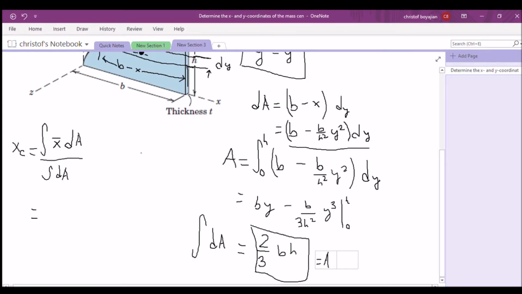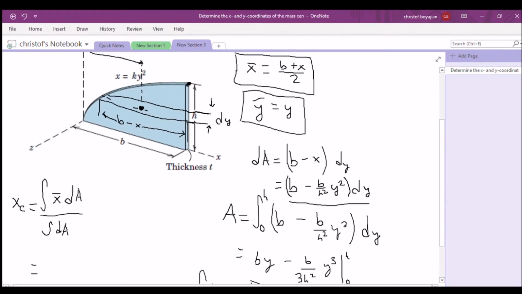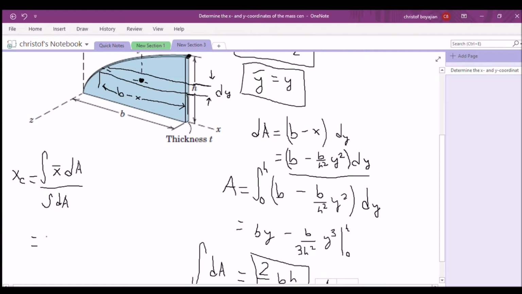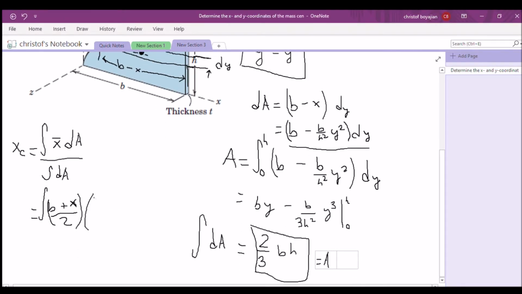So let's go ahead and plug and chug. So our x bar is going to be b plus x, and this is going to be the integral of b plus x over 2. This is x multiplied by our dA, which is b minus b over h squared times y squared times dy.